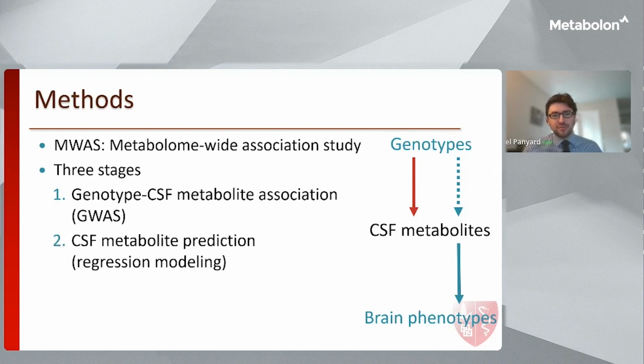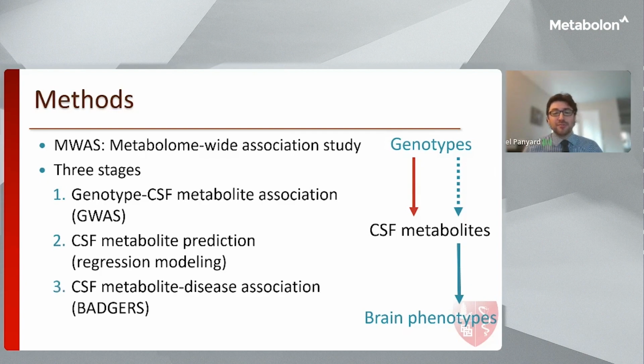And then stage two, we built prediction models for each CSF metabolite using a couple of different regression modeling approaches. And then third, and finally, this is the payoff of the method, we use those predictive models to impute CSF metabolite levels in external GWAS summary statistic files, which allowed us to effectively study metabolite-disease associations. And this is using a software package called Badgers.